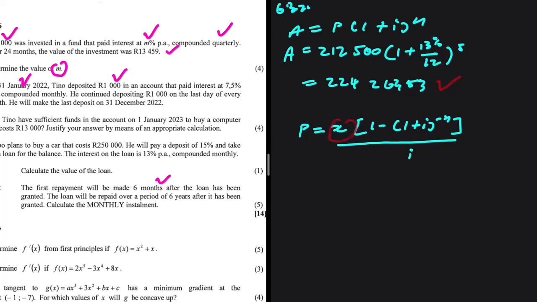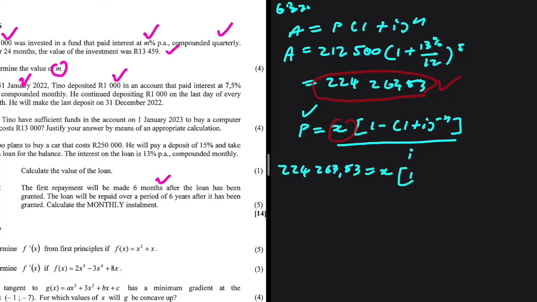This is the monthly installments we're looking for. And P is the loan amount or the value, which is 224,263 rands 53 cents. So we're going to have 224,263.53 being equals to x.